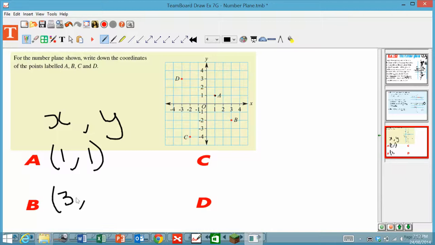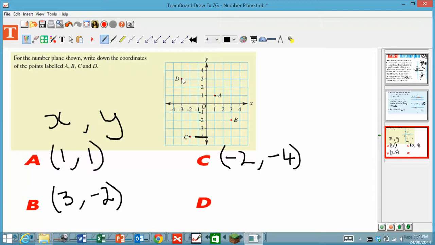So where 3 and -2 meet is my point B. Point C: we're going backwards on our x, so we're at -2 for our x-axis, and -4 for our y-axis. So -2 and -4 are your coordinates.